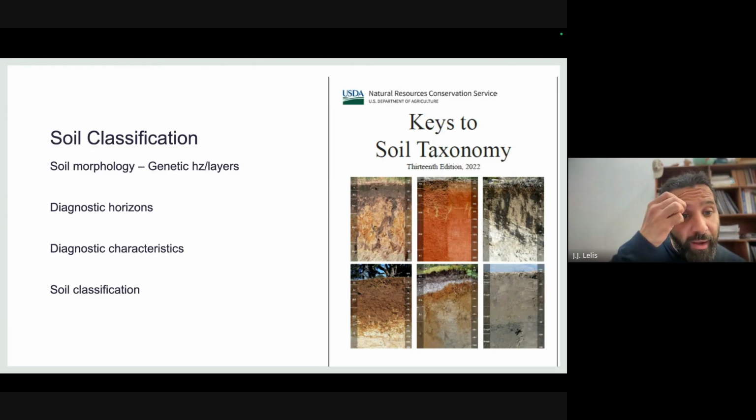Okay, so we can register, of course, all soil profiles with genetic horizons and layers, but some of these soils cannot register a diagnostic horizon. None of them. They can register zero diagnostic horizons inside the whole soil profile. And we have some cases with this, and this is not uncommon.